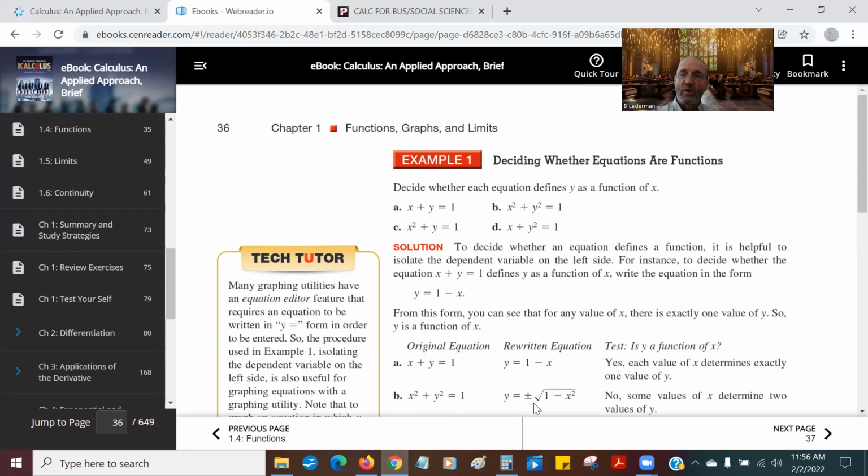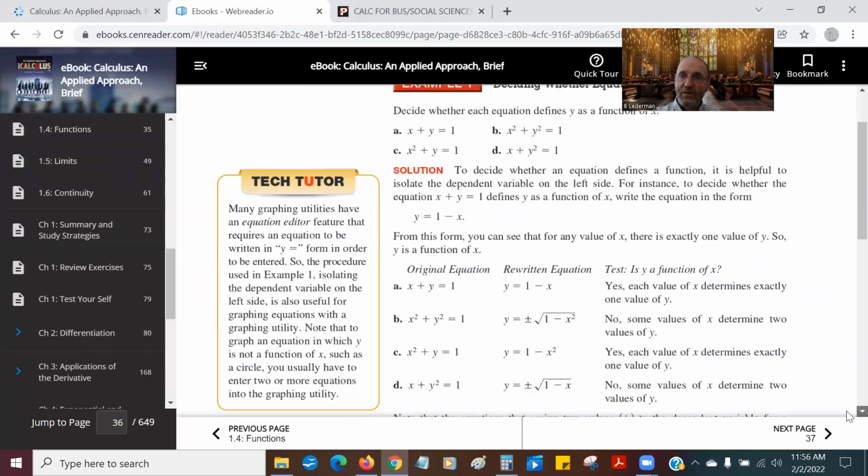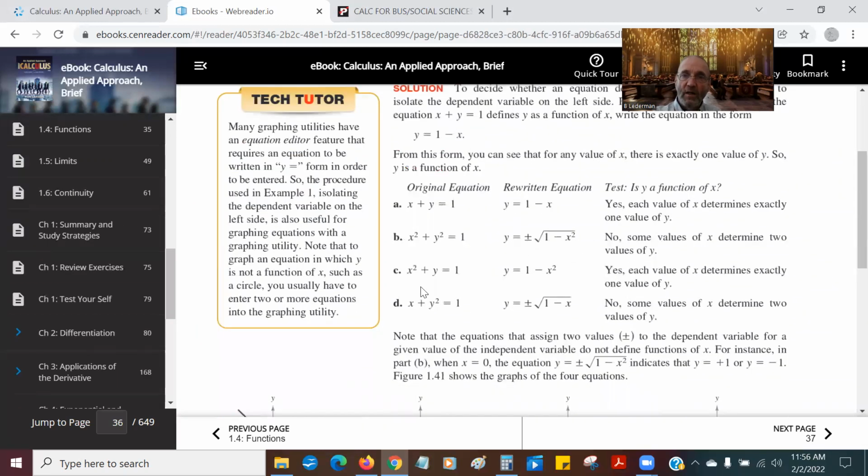So y could be positive 1, y could be negative 1. So a given x value can give me 2 possible y values, so that makes it not a function. On the other hand, here, I can solve y equals 1 minus x squared, and if x equals positive 1, then I know that y is going to be 0. Now, if x equals negative 1, y is also going to be 0, but that's okay.